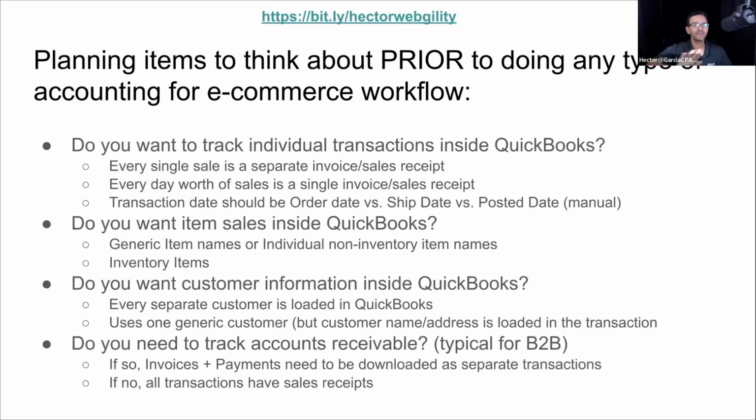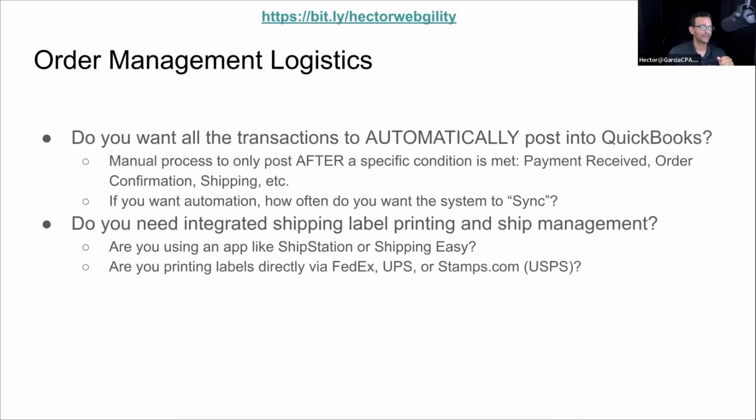You have to use invoice and payments as two separate transactions, because some of your transactions will come with payments and some will come without payments. That's a big major decision to make, right? And again, if you don't need any of that, then the best thing is to have all the transactions come in as sales receipts. That way you don't double up on invoice and payments if there's never a separation between the sale and the payment itself.